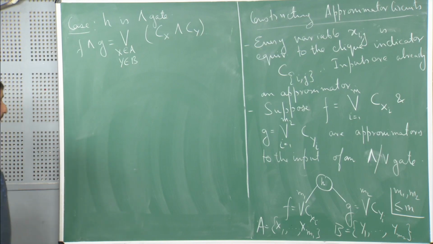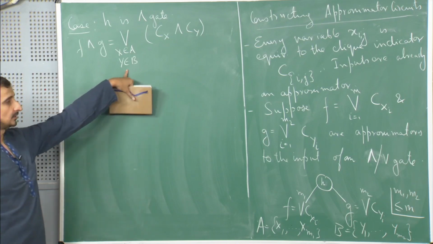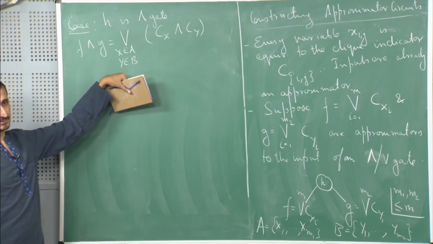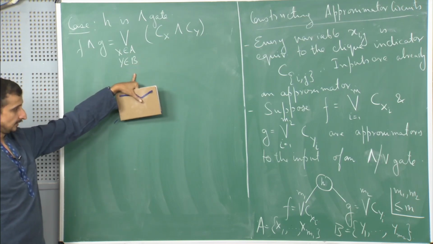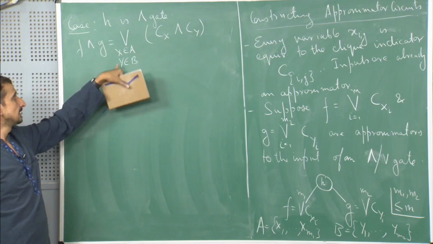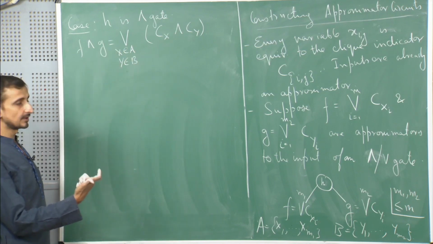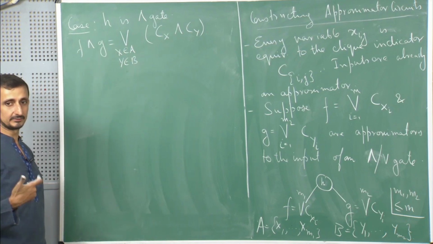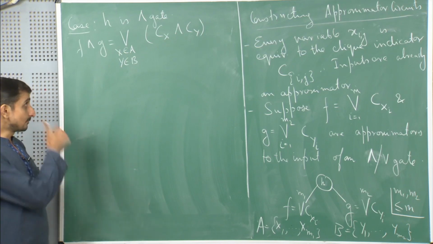But again, what is the problem with this definition? How many such tuples will be there, x, y? What is the size of A and B? M1, M2. So, at most m. So, the number of such tuples x, y will be m squared now. So that is one problem. There is also one more problem.